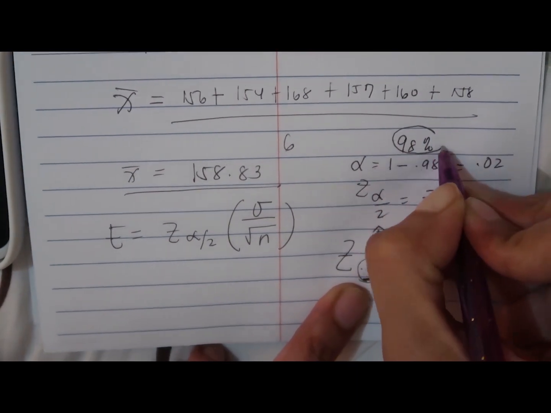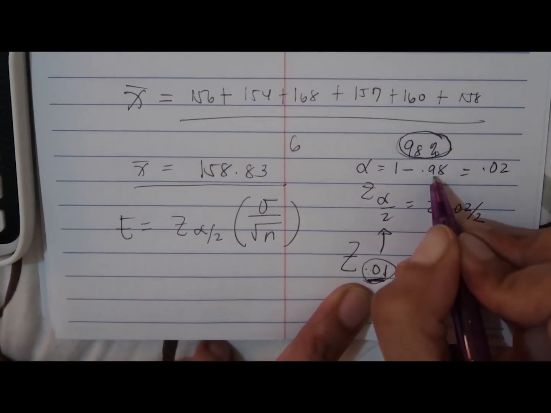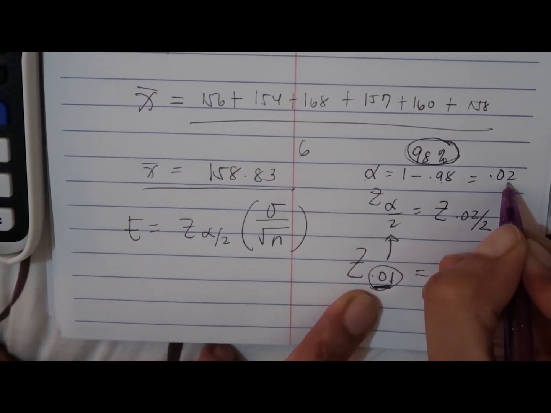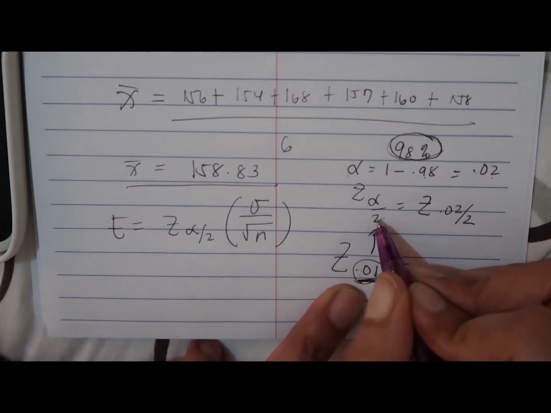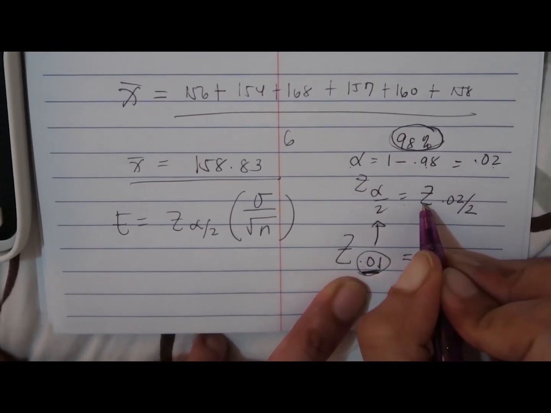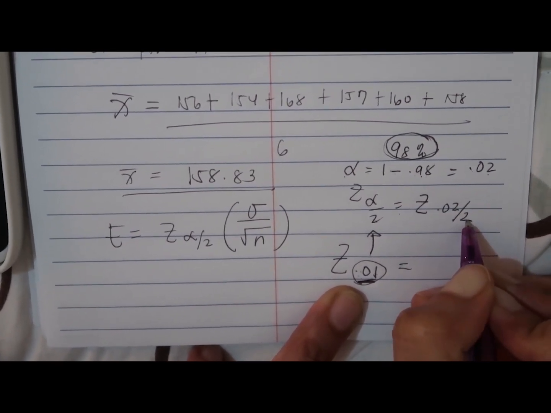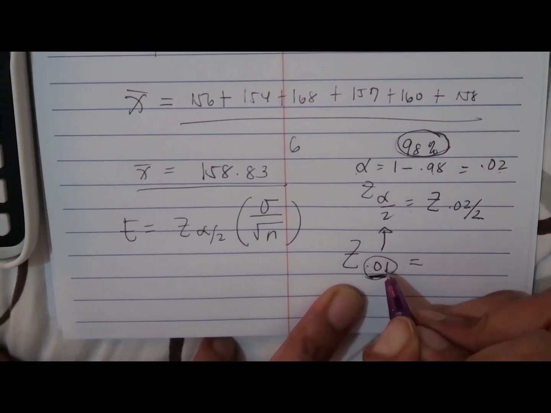In your 98%, so that will be 0.98. So your alpha is 0.02. So therefore, just substitute it. Z alpha over 2 is the same as Z 0.02 divided by 2, which is the same as Z 0.01.